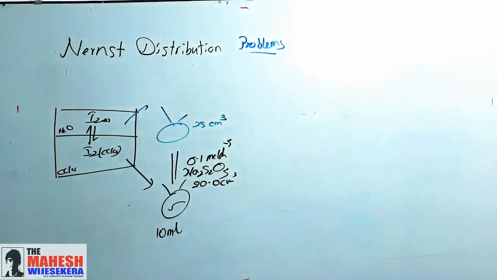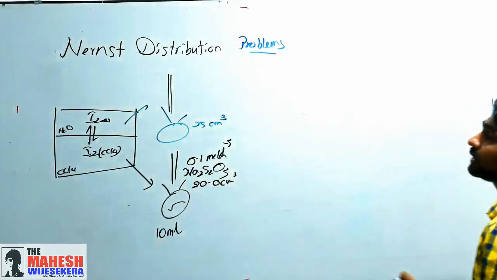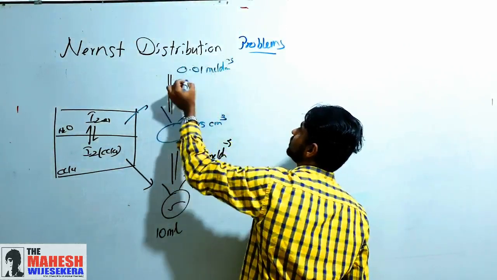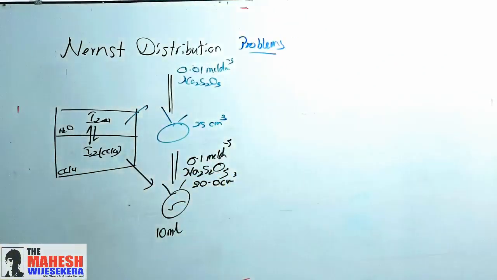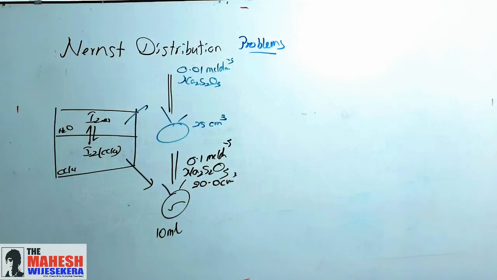Next one. 25 cubic centimeters of aqueous layer was titrated against 0.01 moles per cubic decimeter sodium thiosulfate.